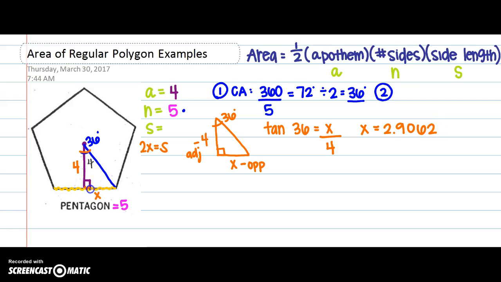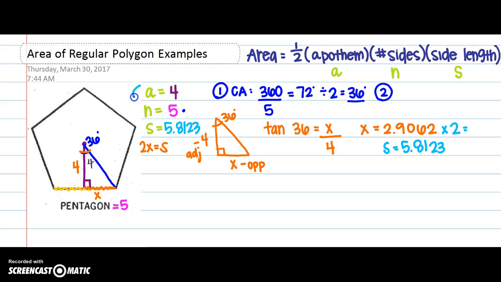Again, that's only giving me this much of my side, so I need to multiply that by 2. That gives me s, so s is going to equal 5.8123.